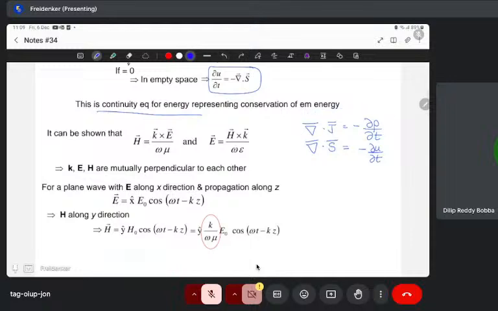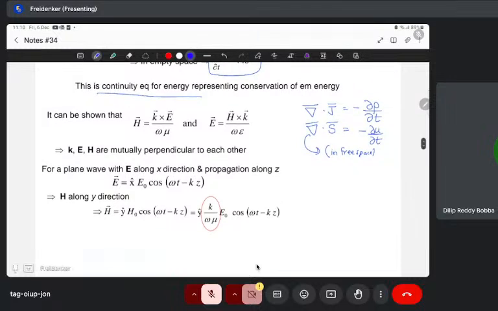This is continuity equation for energy. Again, in free space, I think. In free space, you'll have no charge, so I think this is what we consider.